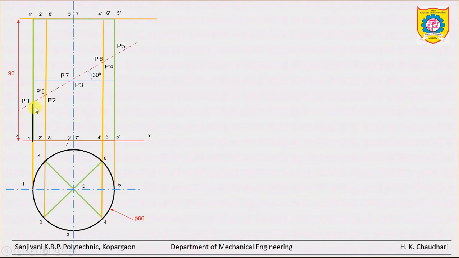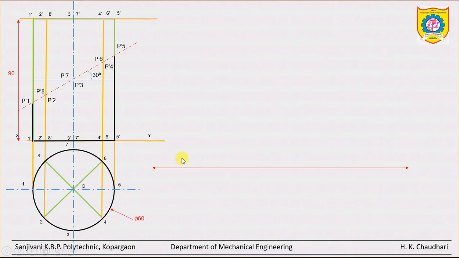Now the remaining part of the cylinder we can show by the outline as shown in the figure. Now we have to develop this remaining part of the cylinder.